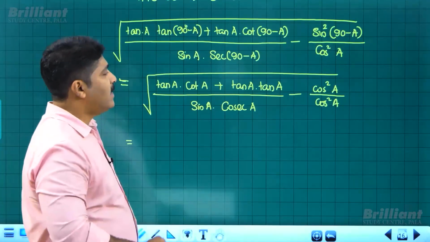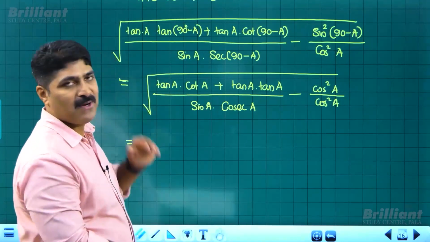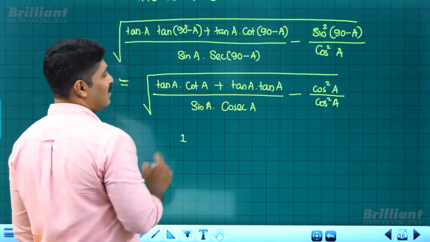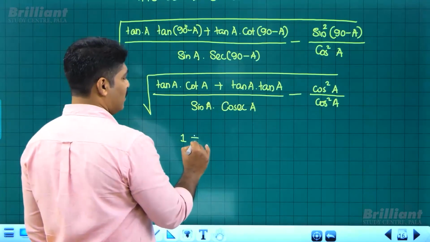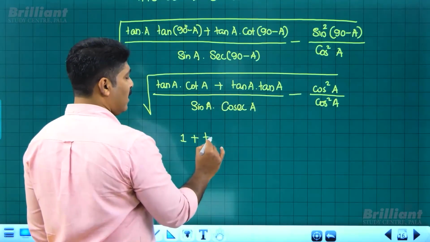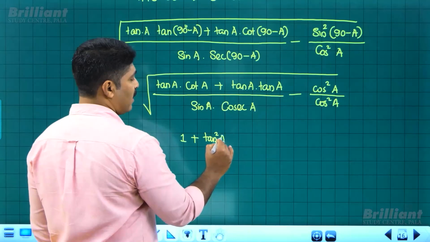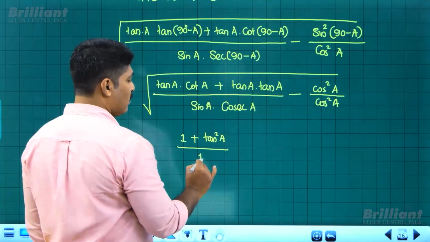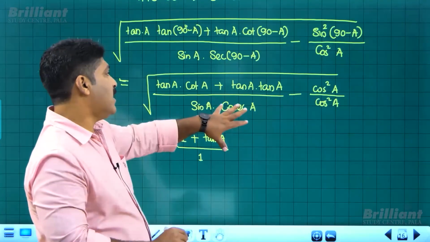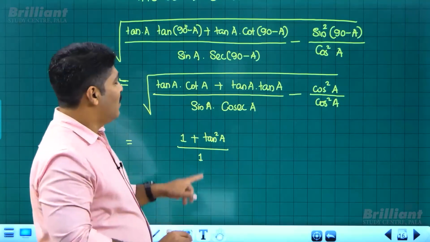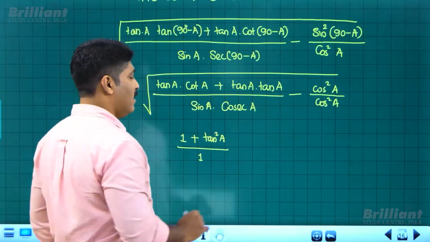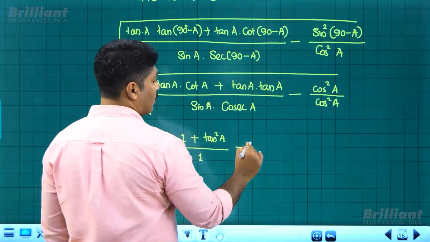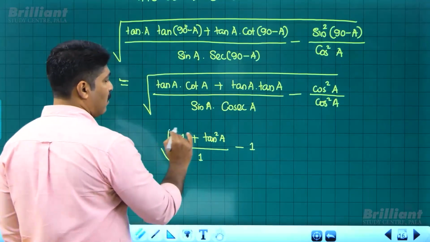Here, tan A and cot A are reciprocal functions. Therefore tan A into cot A we can write as 1, plus tan A into tan A, which is tan square A. And in the denominator, sin A into cosec A, those are reciprocal, because cosec is nothing but 1 by sin, so that is also 1. And on the right side, cos square A by cos square A is also 1, the whole root.